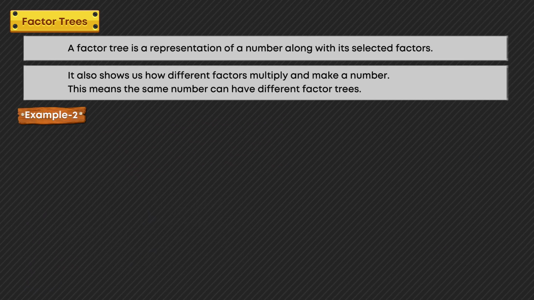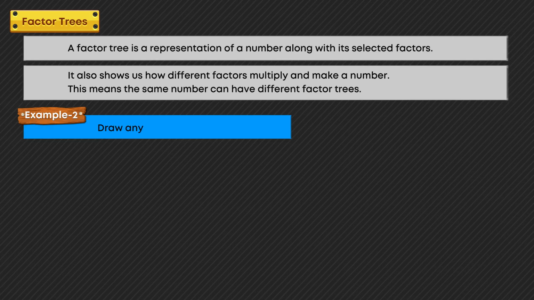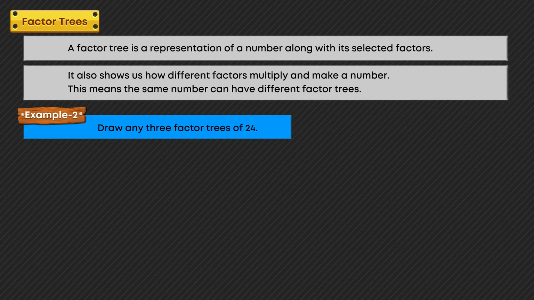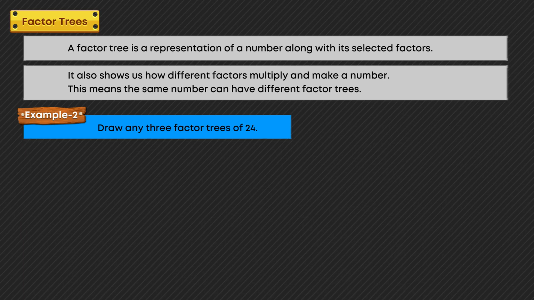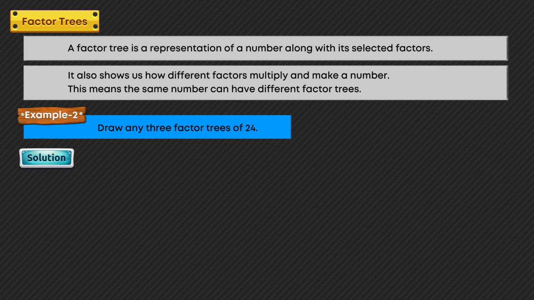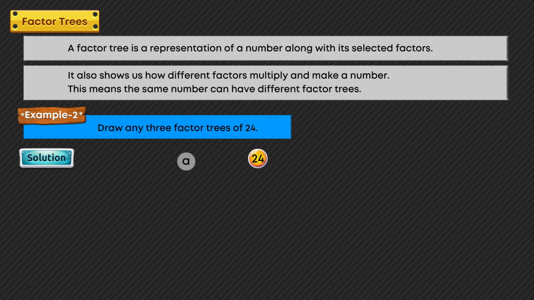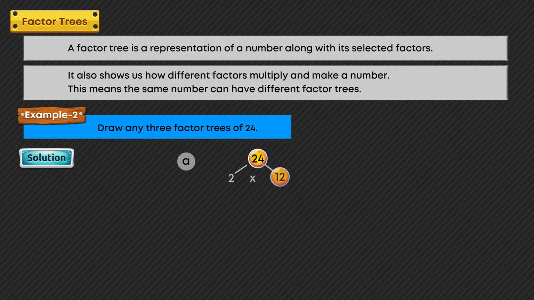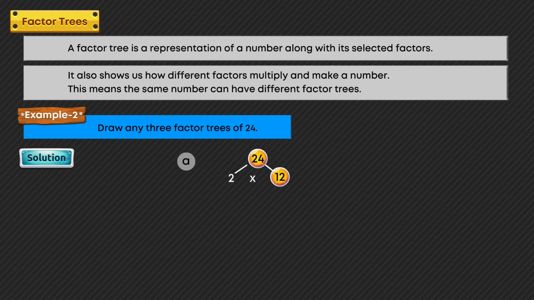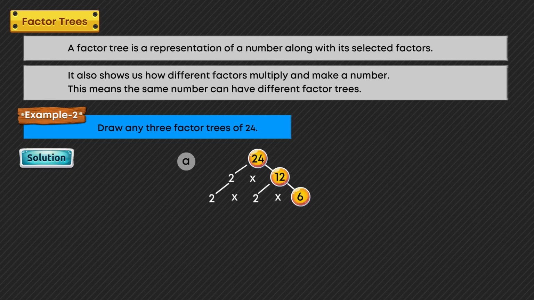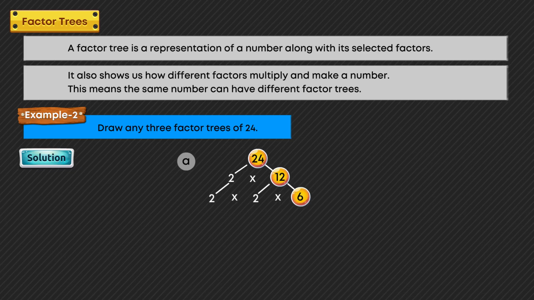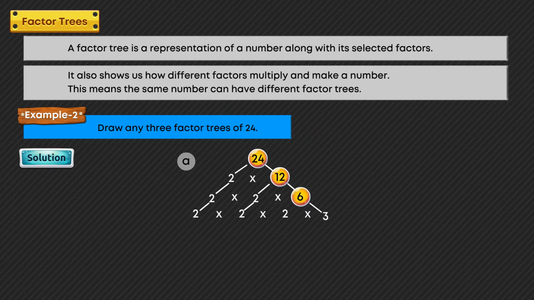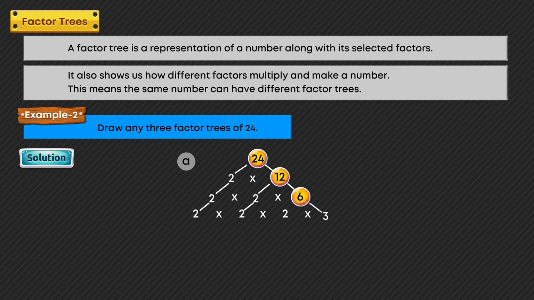Example 2. Draw any three factor trees of 24. Solution. A. 24, 2 into 12, 2 into 2 into 6, 2 into 2 into 2 into 3.